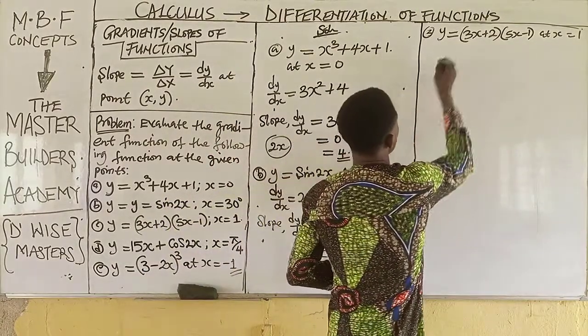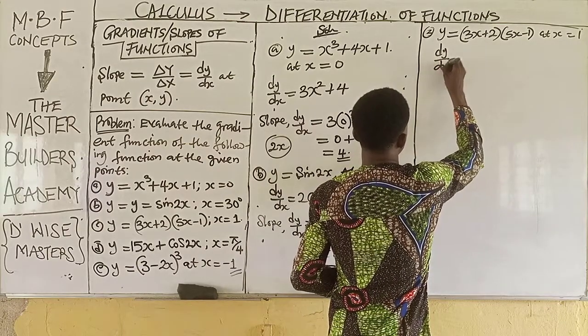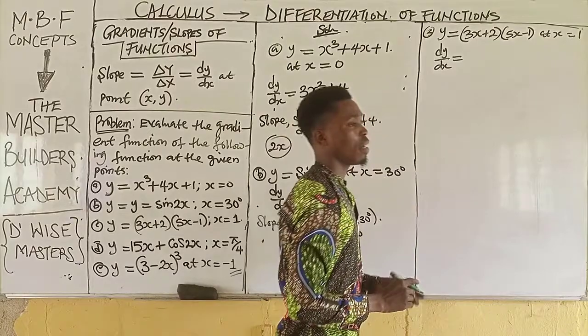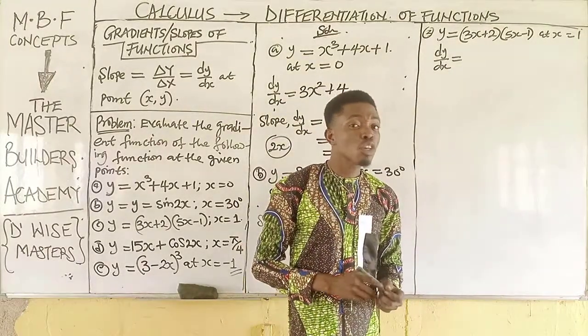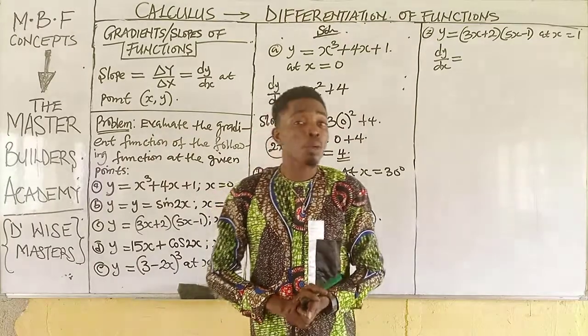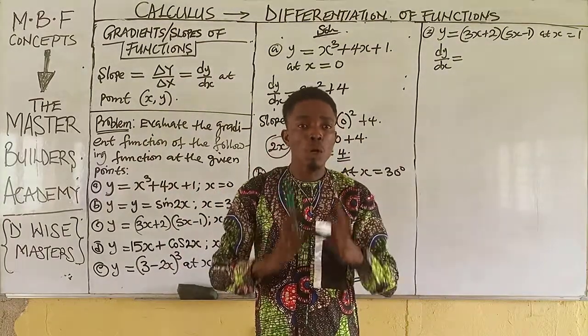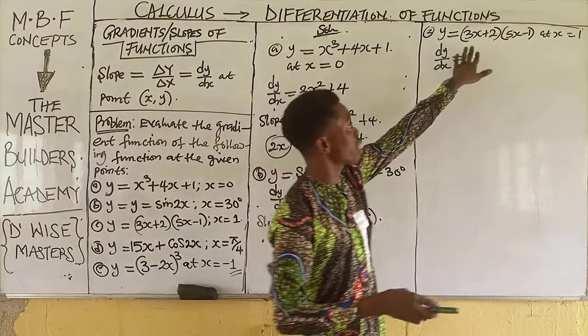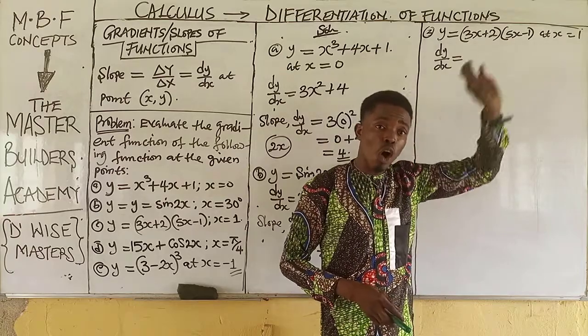Therefore, we have dy over dx is equal to, now, the next thing we are quickly going to do is to identify this function. Now, the function that we are given here is a product rule where we have two functions multiplying each other. Now, this is the first bracket, a linear function multiplying another linear function, all functions of x.